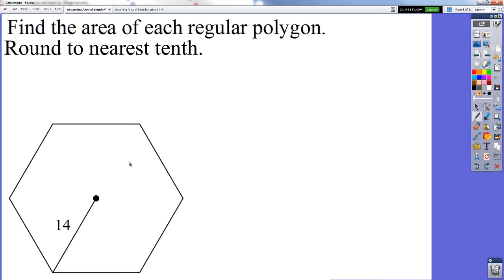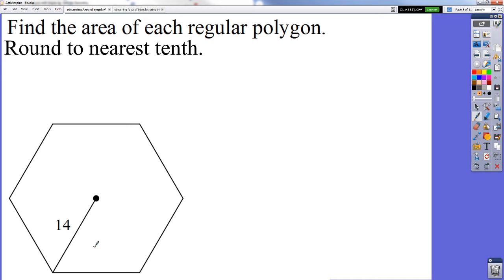One more. I wanted to give one of these just because I wanted to remind you that you do not have to do hexagons this way ever. If they give you the radius of the hexagon, you can go through, find that the base here is 14, the height here is 7 radical 3, just like we did in the earlier video.